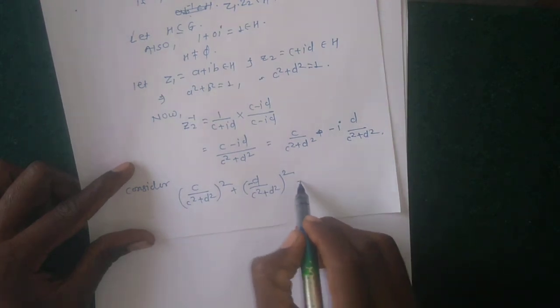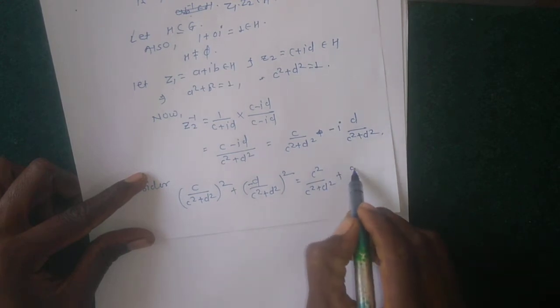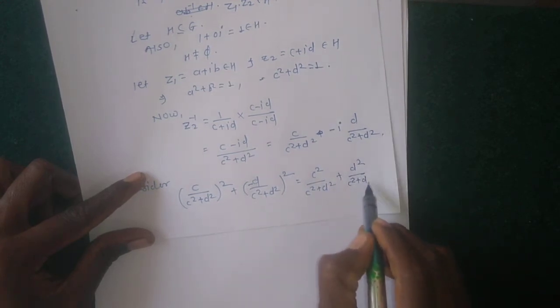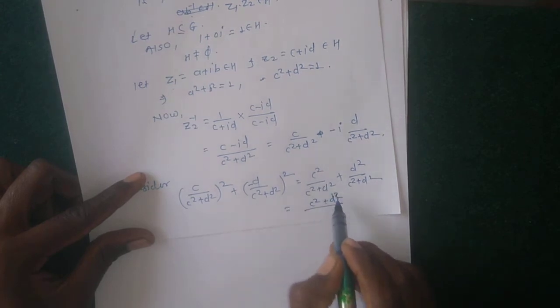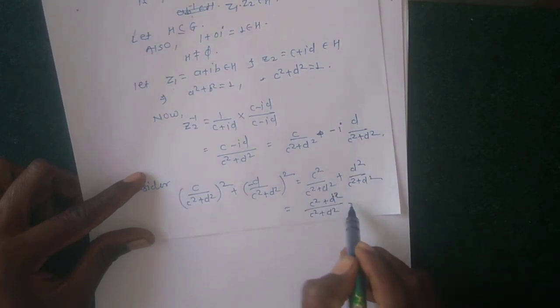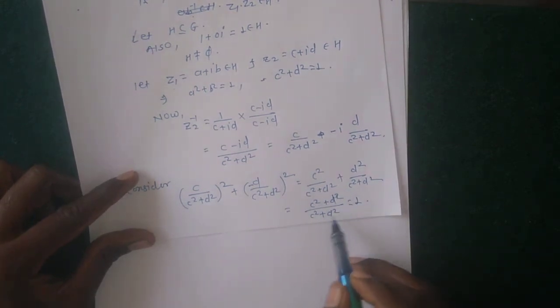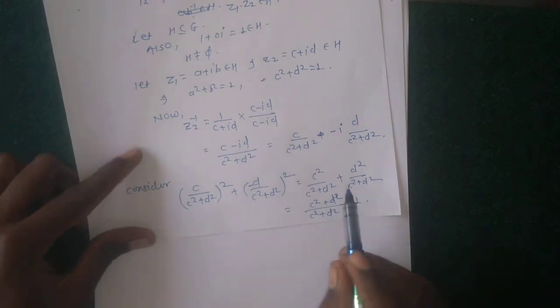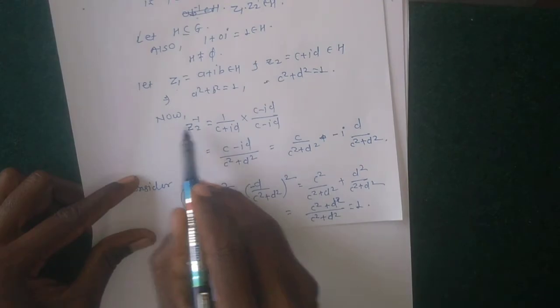Then their value is c square divided by c square plus d square, plus d square divided by c square plus d square, and we get c square plus d square divided by c square plus d square, which must be 1, because c square plus d square equals 1. And we get the value 1, and therefore Z2 inverse belongs to H.